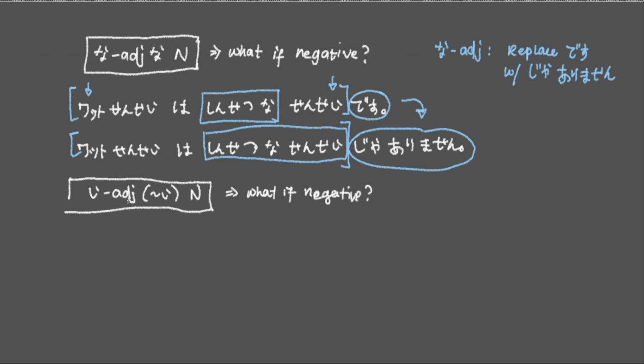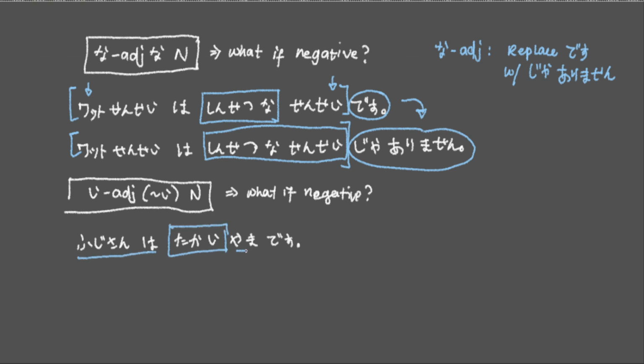We do Fujisan wa takai yama desu. It's basically the same way we make an e adjective that is considered a predicate, or if it's followed by desu. We use the same principle. So we focus on the e adjective itself.